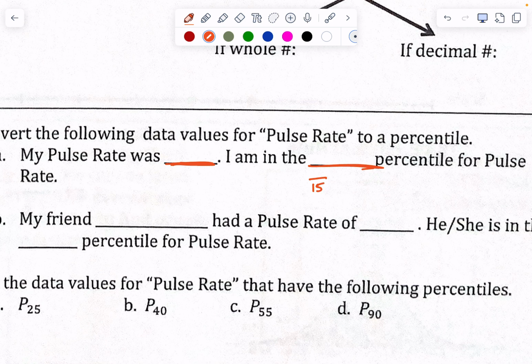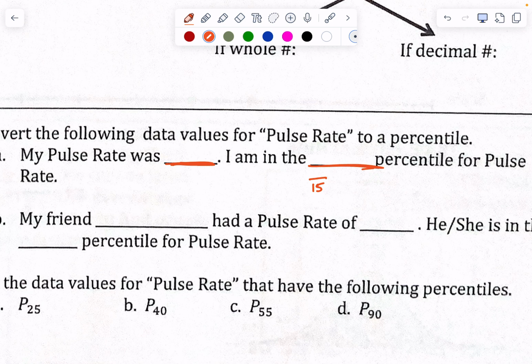Two. So if two people are lower than me, how do I do that? Were 3 people lower than you? Yeah. So you're in the 20th percentile. So if two people are lower than me, I take 2 divided by 15. So you're in the whatever percentile, like the 13th percentile, I think. Yep. Okay, then pick a friend.